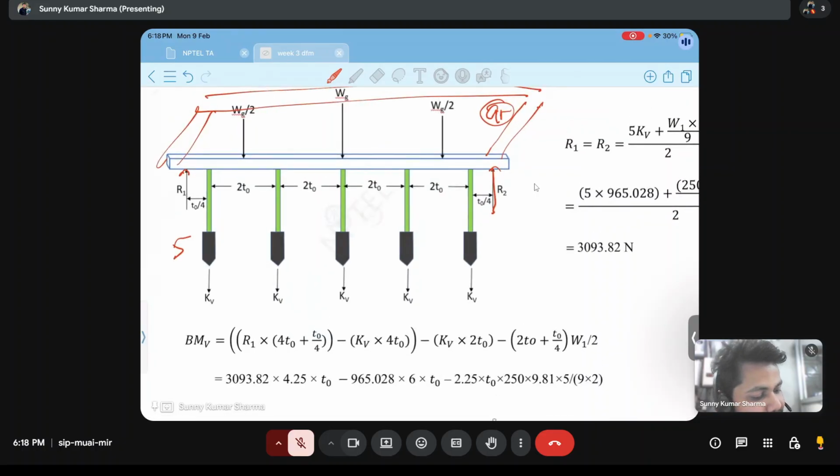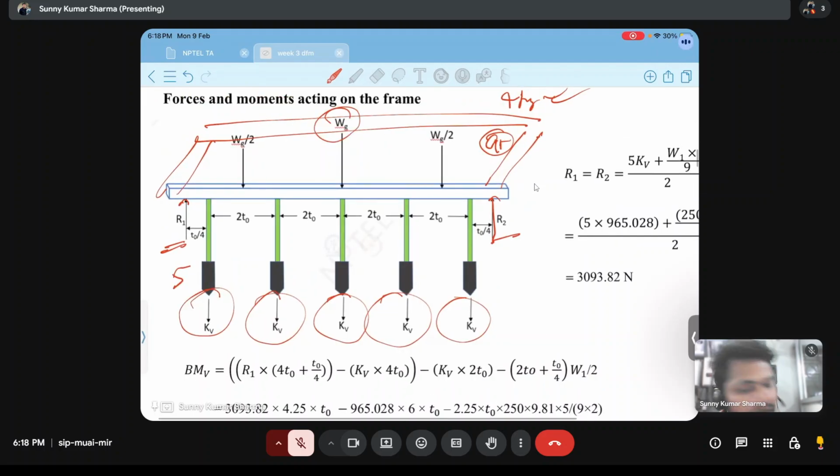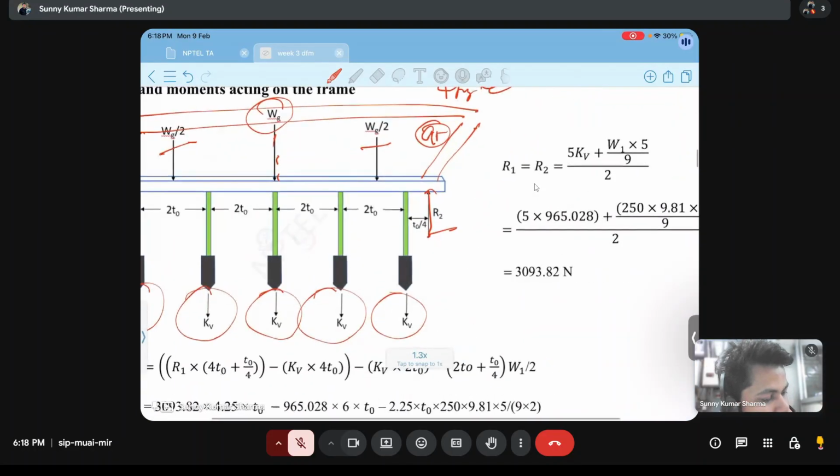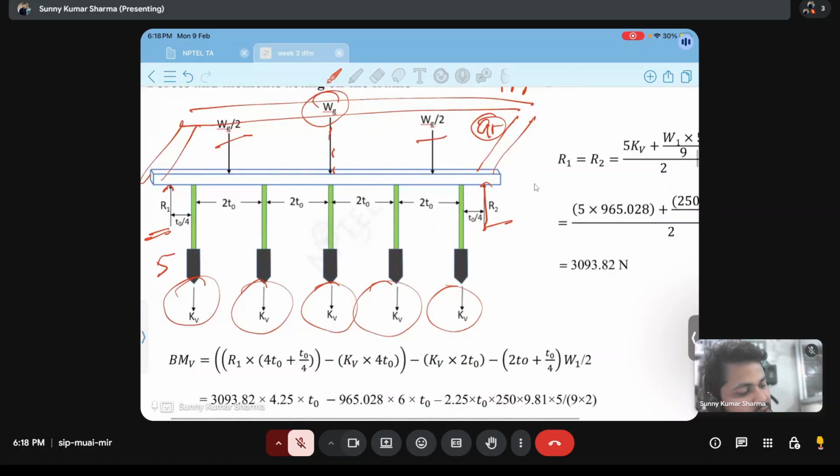First, for designing 5 tines, we need to know what forces are acting. In vertical direction, these kV forces are acting, and there are total 5 kV forces, and R1 and R2 are the normal reaction forces. WG is acting downward. If WG is the weight of front frame, then WG by 2 and WG by 2 will act on both sides. How do we know the normal reaction force?